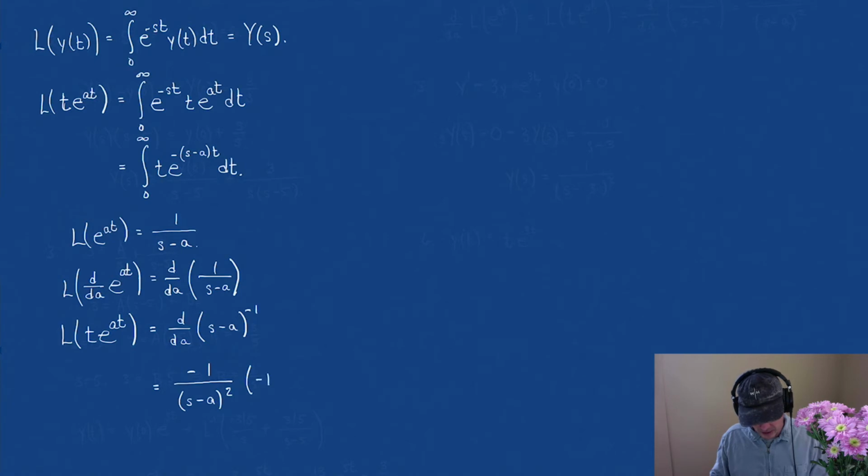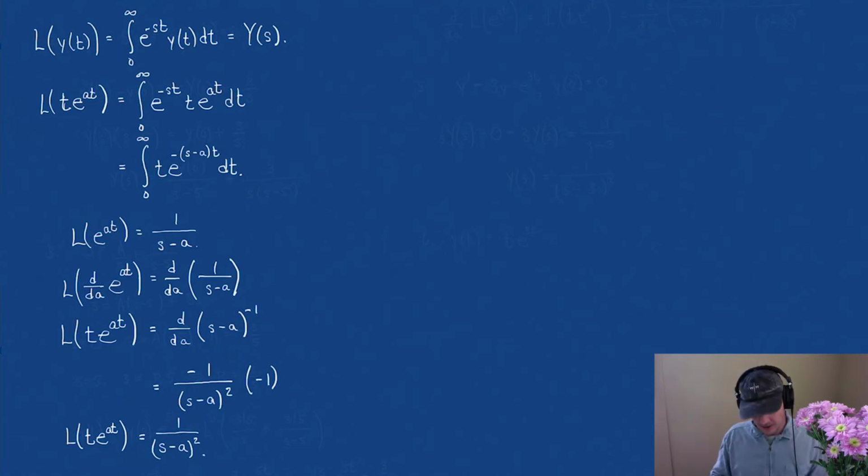Well, that's just going to be negative 1. And so we can say that the Laplace transform of t e to the at is the same as 1 over s minus a quantity squared.